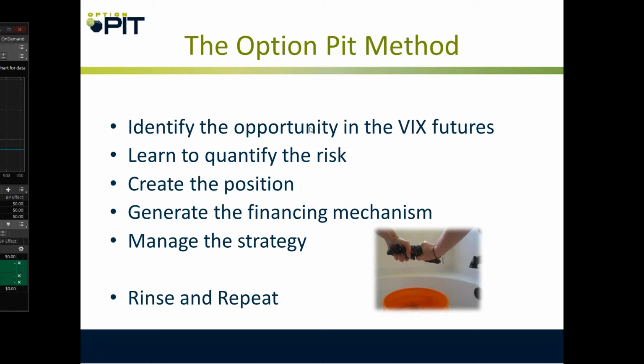This is something I came up with this weekend, and I've decided a lot more of our stuff at Option Pit is going to be in this direction. Although identifying the opportunity could be in any product with any strategy. In this case, we want to try to quantify opportunity with the VIX futures. Right? What makes us want to trade it?